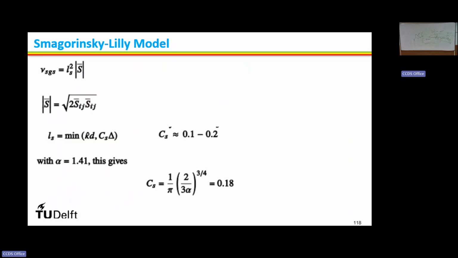The mixing length is the minimum between kappa times d, where kappa is the von Karman constant and d is the distance from the cell center to the nearest wall, and otherwise C_S times the grid filter dimension, whichever is minimum.